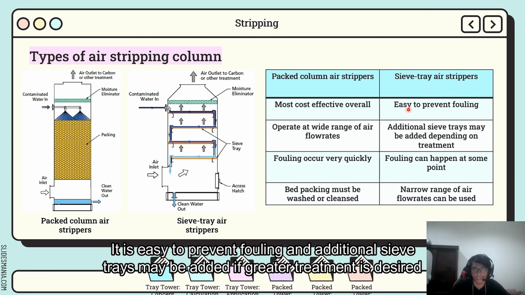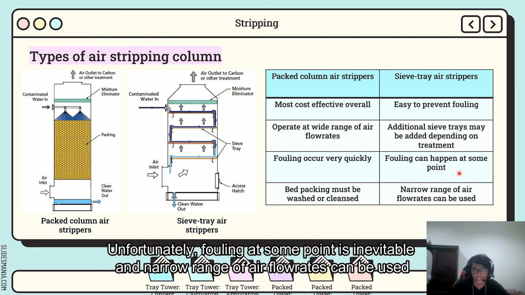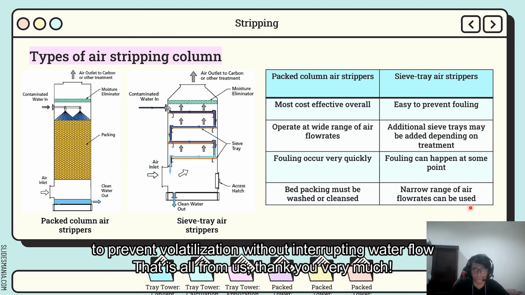It is easy to prevent fouling, and additional sieve trays may be added if greater treatment is desired. Unfortunately, fouling at some point is inevitable. A narrow range of airflow rates can be used to prevent volatilization without interrupting the water flow.